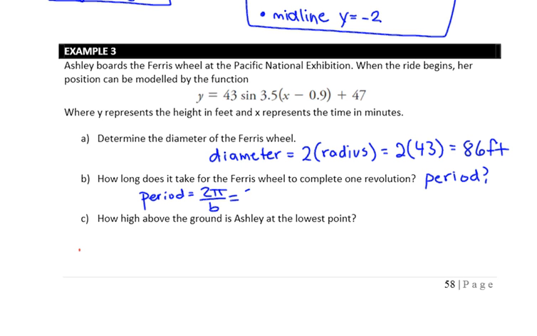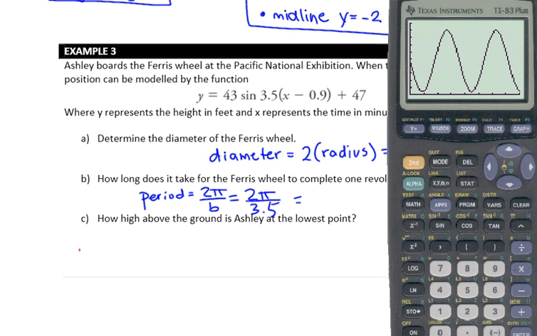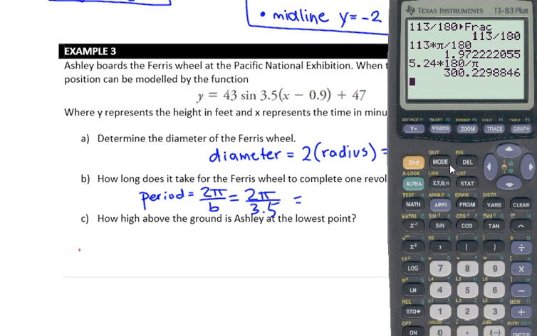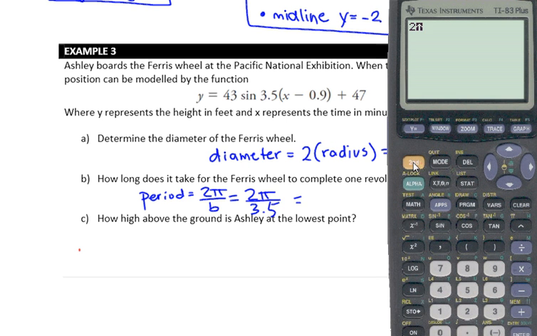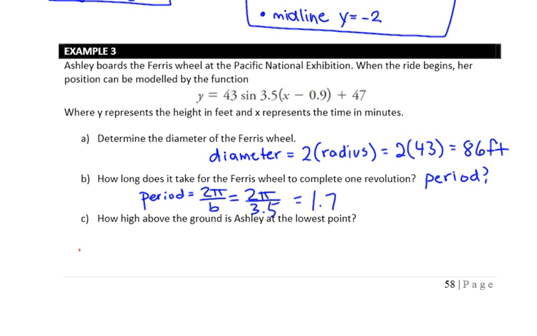So in this case, 2 pi over, what's my b value? 3.5. And we already calculated this when we did our windows. 2 pi over 3.5. 1.795. And that's in what unit? Seconds, hours, minutes? Minutes.